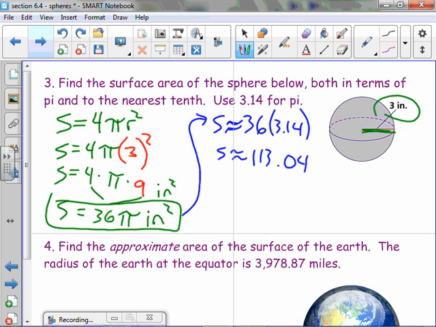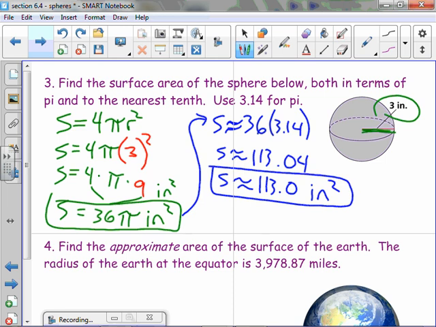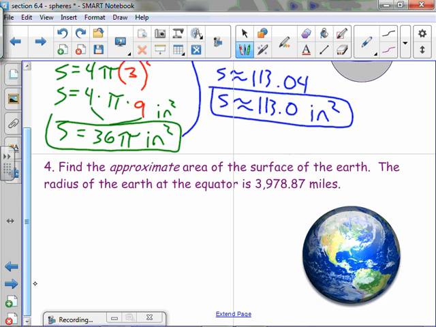So this is approximately, to the nearest tenth, 113.0 inches squared. That's all there is to it. Just plug into the formula. Don't make any mistakes when you're multiplying. Get it in terms of pi and to the nearest tenth.